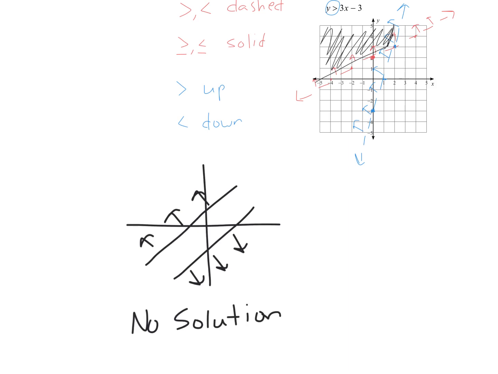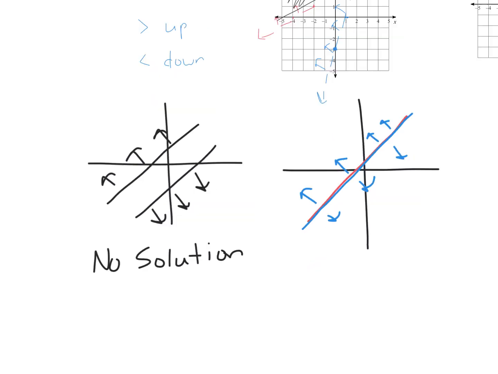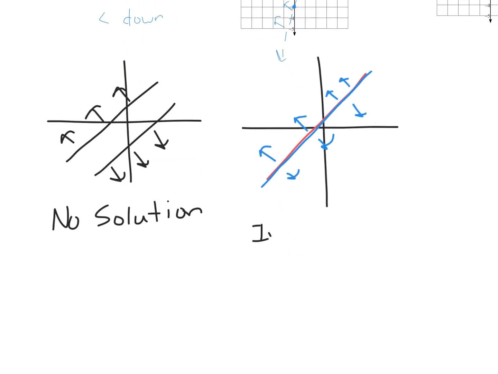What would infinite solutions look like? What's that? Yep. So you can have them on the same line, remember with infinite solutions on the other, they were on the same line and they went two opposite directions. Okay, I see what you were talking about. So this would be your infinite.